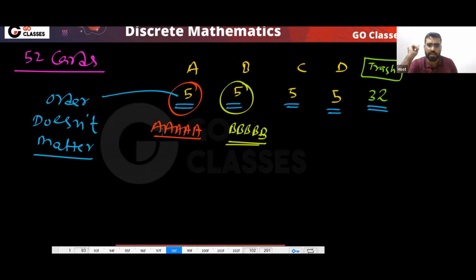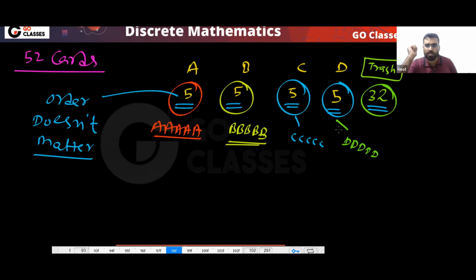So on every card I can mark A. Yes or no? I can give a signature A. And these cards B, and these cards C, and these cards D. And what about these cards? Trash.